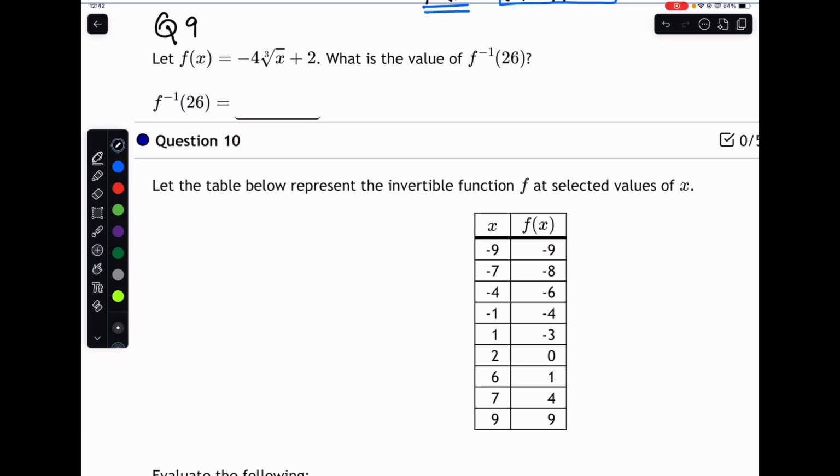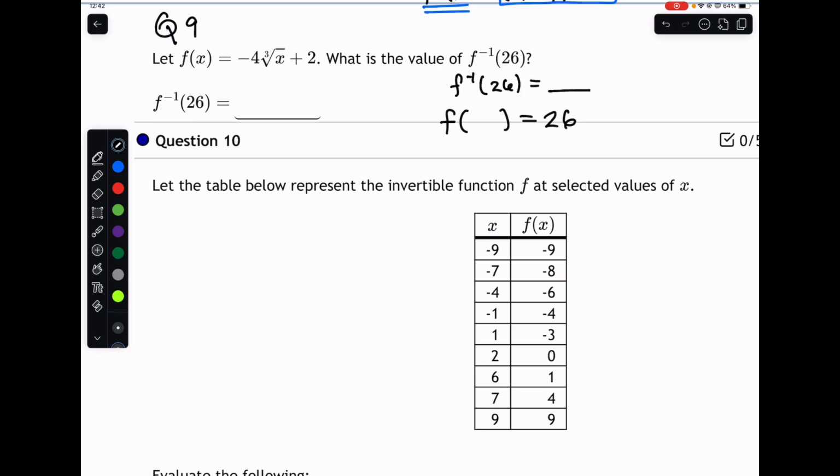Question number 9 can be found on the next page. This one right here. And the idea of this one, again, is since we're looking for the value of f inverse at 26, because of the x and y value switch, finding the output value of this is the equivalent of finding the input that gives me the value of 26 in the function.